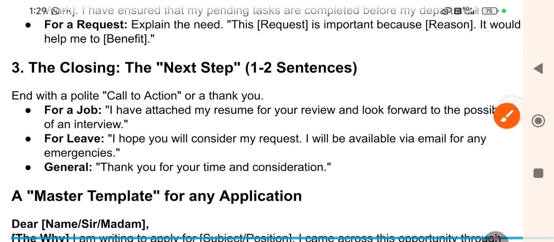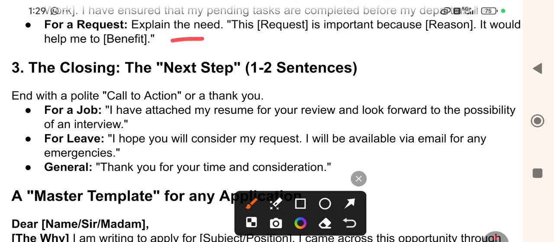But suppose you are writing a request or complaining letter, so explain the need. This request is important because I'm facing this problem since one week.